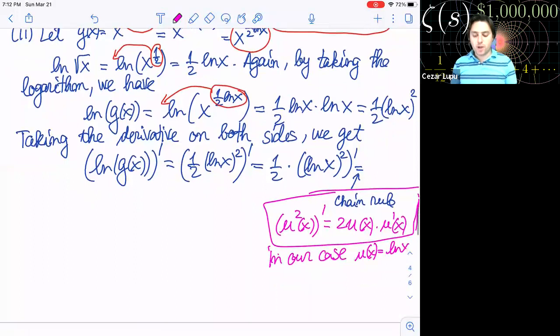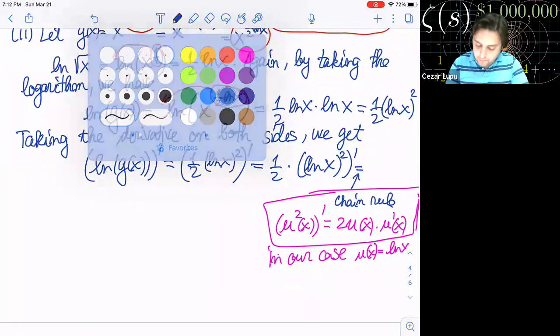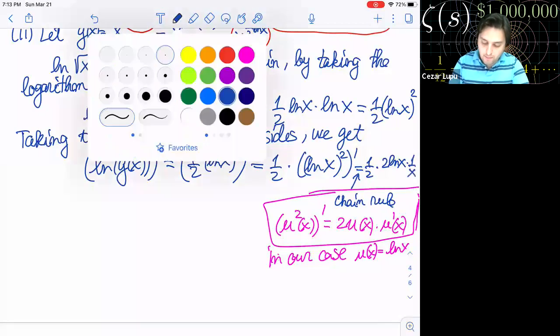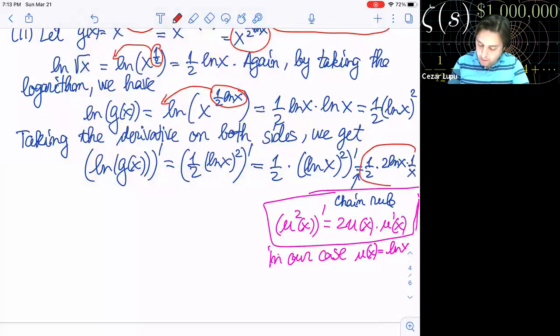So by using the chain rule, let's see, what do we get? This is 1/2 times 2 times ln of x times ln of x prime, which is 1/x. So that's what we're getting here on the right-hand side, right? I hope this makes sense.